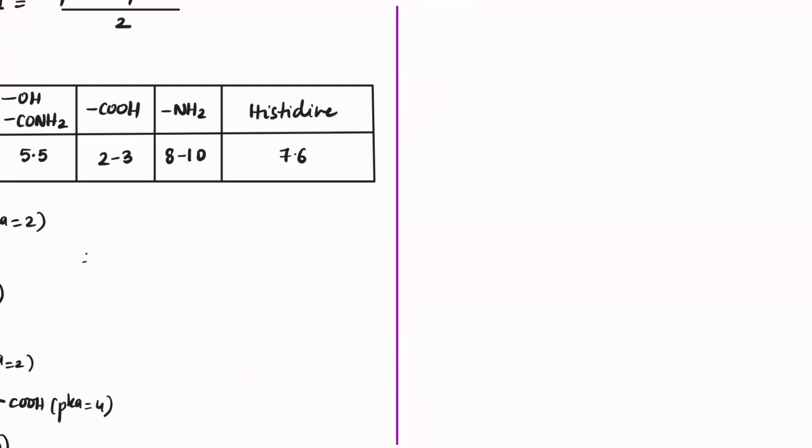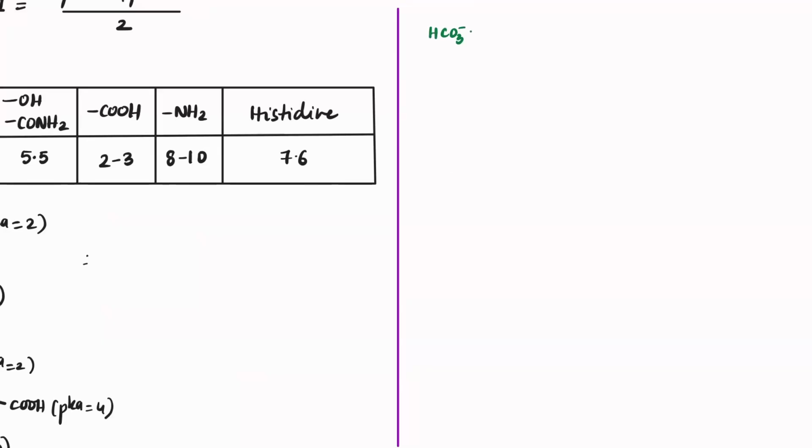Best example is if you have HCO3- ion, for example, sodium bicarbonate salt. Now let's say its concentration is C1. We know that HCO3- has the ability to ionize also.